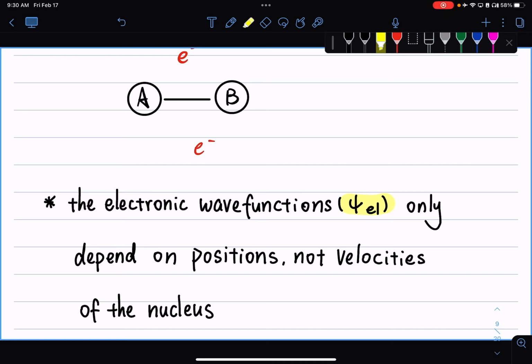With me so far? Just because electrons are moving fast, they feel the nuclei are not moving at all. So when we're talking about the electronic wave function, we can imagine the velocity of the nuclei does not contribute to my electronic wave function. That's the first piece of rationalization.